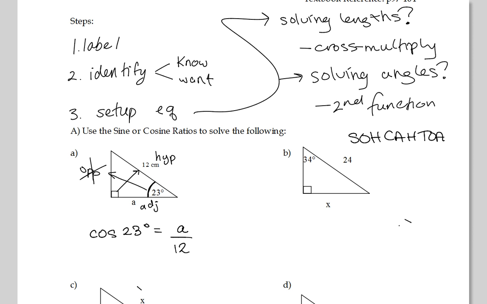Multiplying both sides by what? How would you isolate for A? Multiply both sides by? Yeah, 12. So 12 comes up here, 12 comes up here, and you've solved for A.